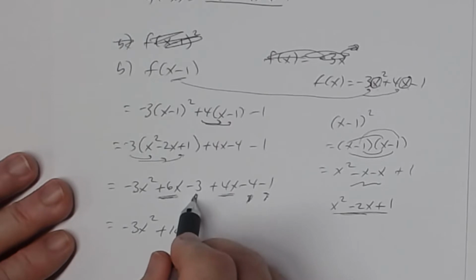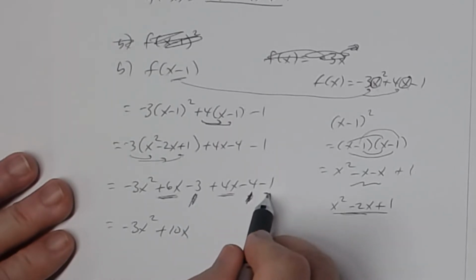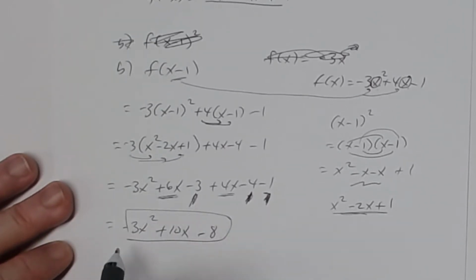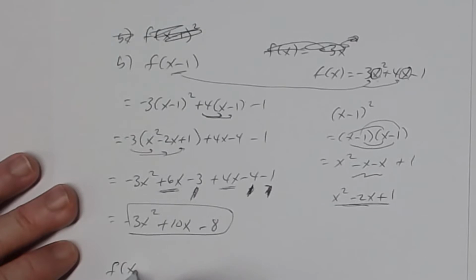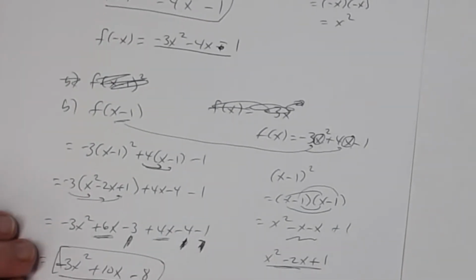A negative 3 and a negative 4 is a negative 7. A negative 7 and a negative 1 is a negative 8. And so there's your answer. So you would say f of x minus 1 is equal to negative 3x squared plus 10x minus 8. Okay, so that's the answer there. All right, let's look at the next one.